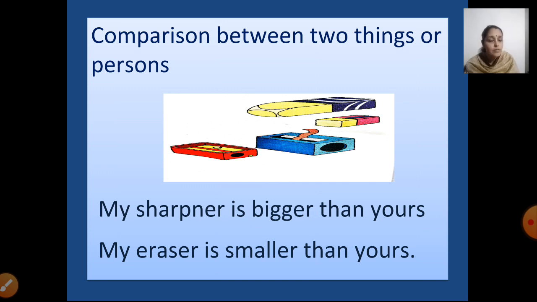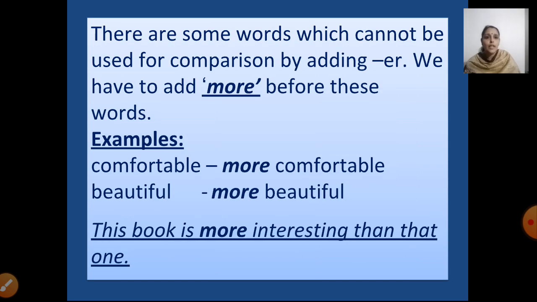Yes, children, this much is clear. We have already done this. But there are some words, some big words for which we cannot compare by adding er. We have to add more before these words. For example, comfortable will be written as more comfortable.